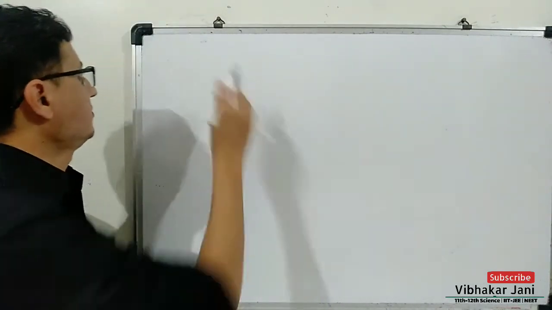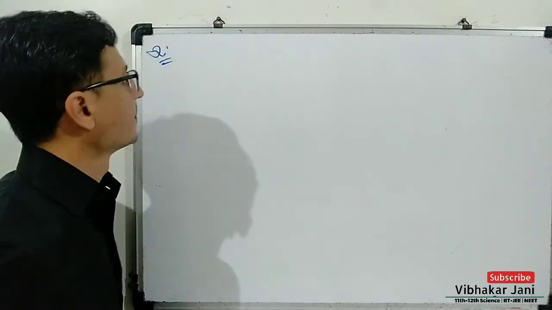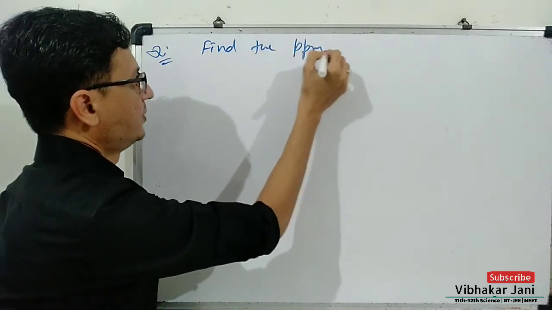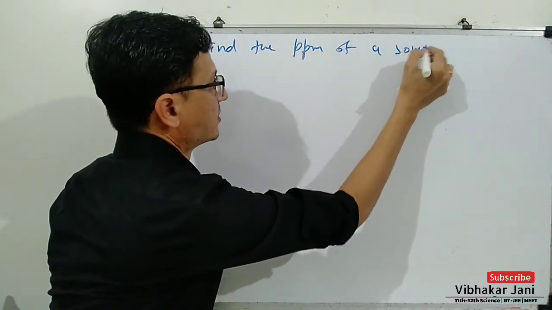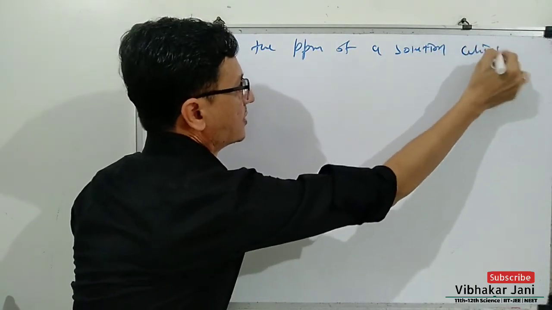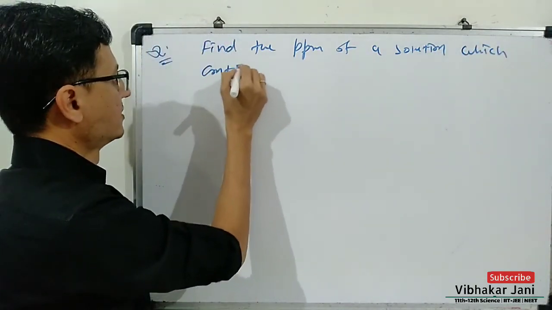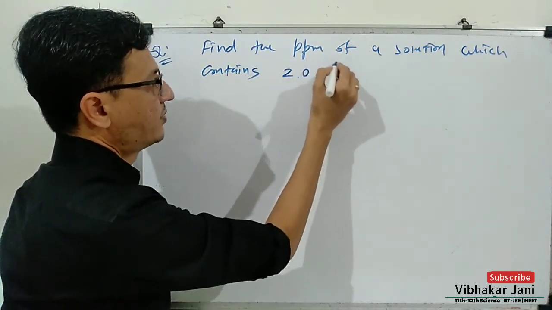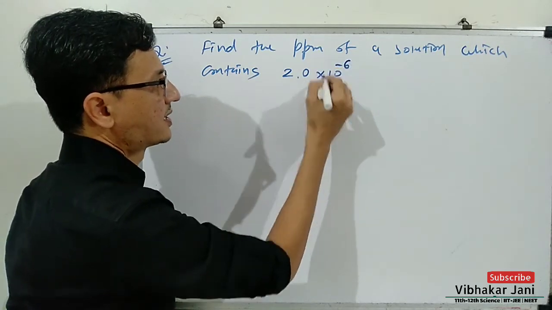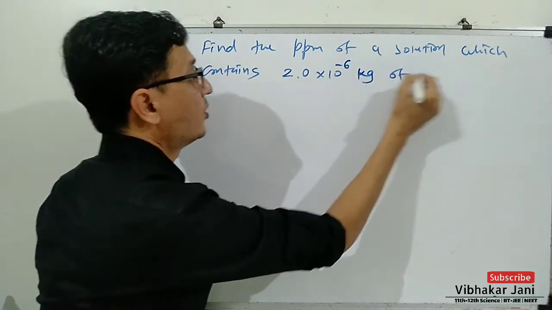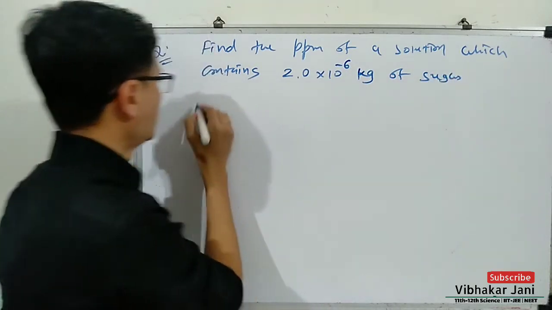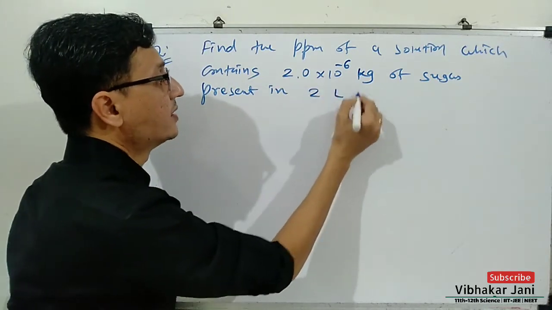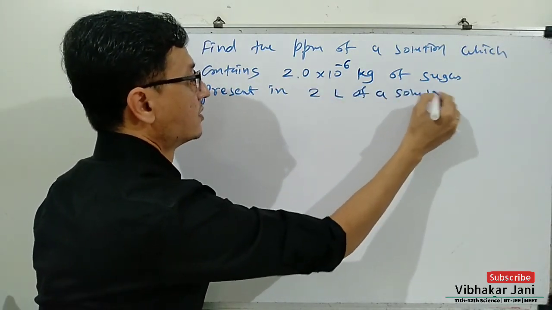Now suppose the question is, find the ppm of a solution which contains 2.0 into 10 to the power minus 6 kilogram of sugar present in 2 liter of a solution.